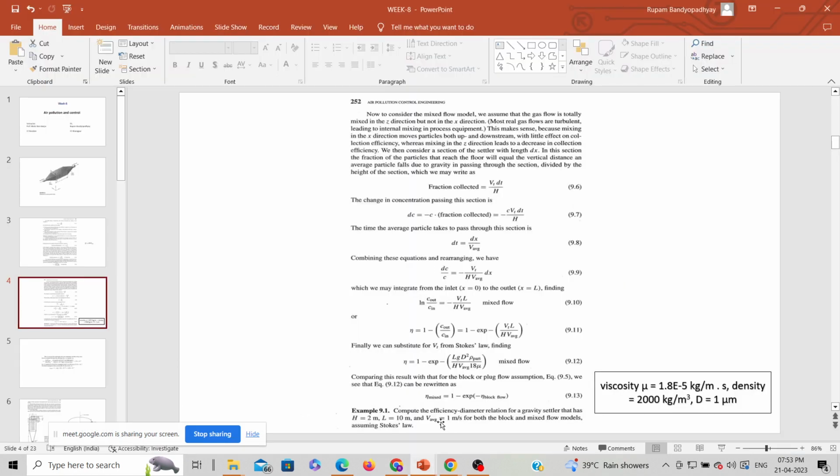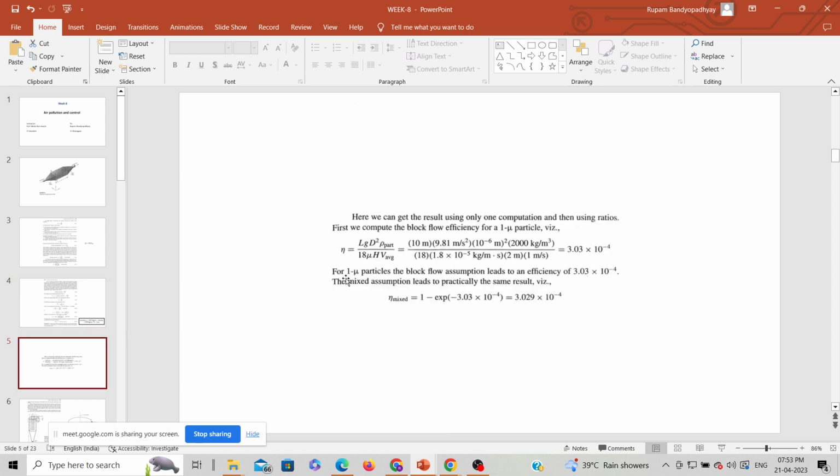For this case, compute the efficiency-diameter relation for a gravity settler that has this height, this length, and this average velocity. Assuming Stokes law, because in a gravity settler Stokes law is followed for the settling of the particles.